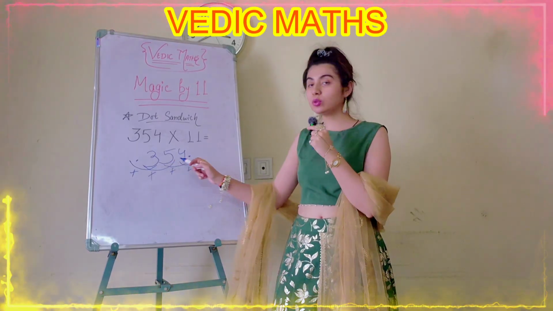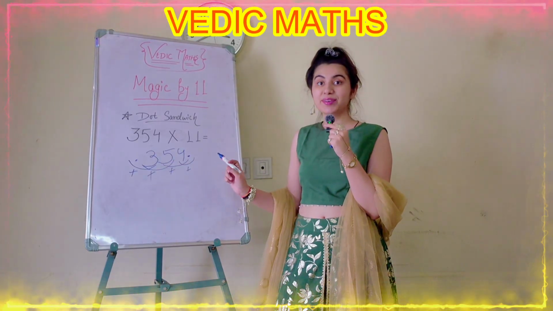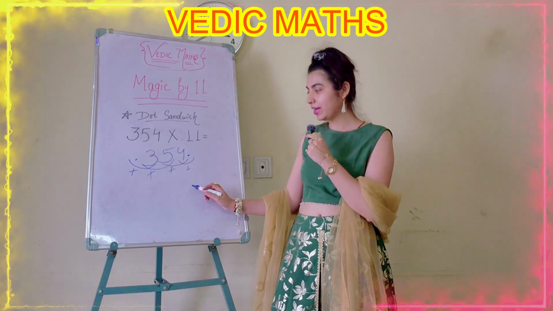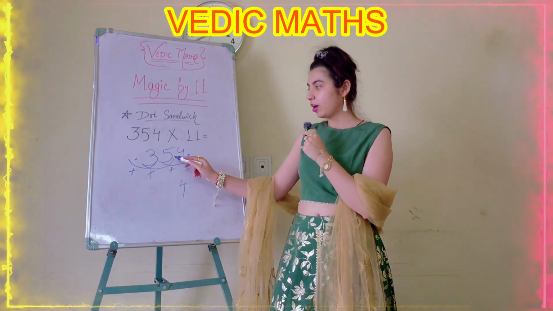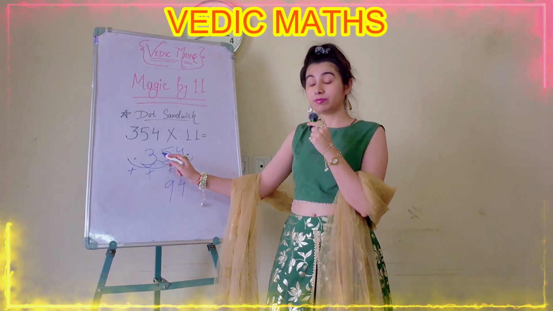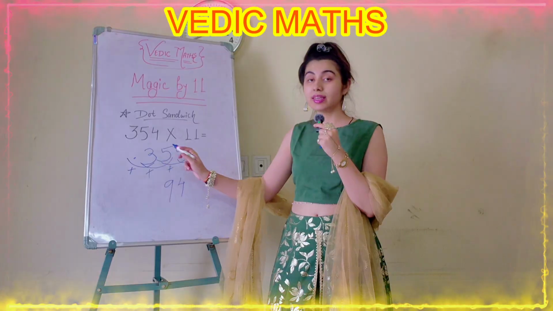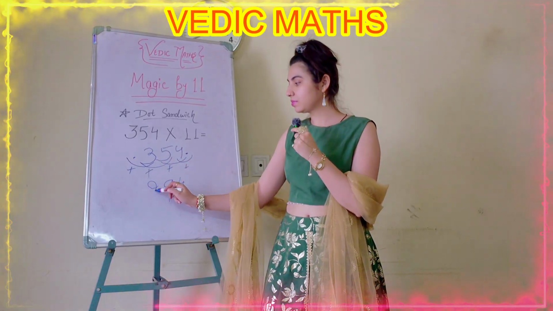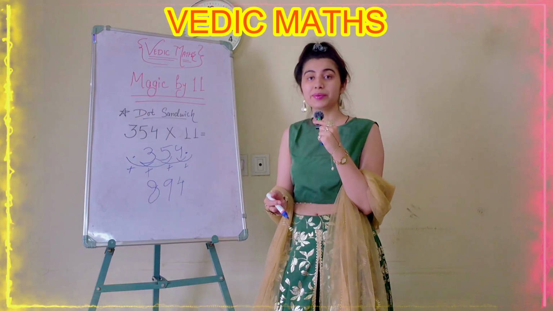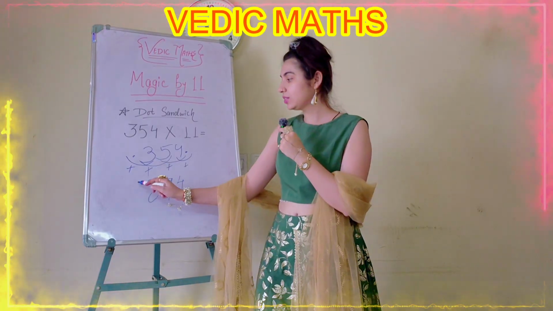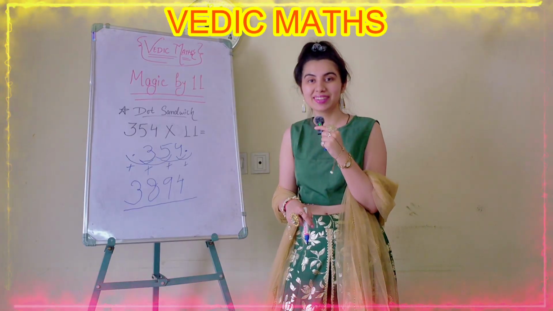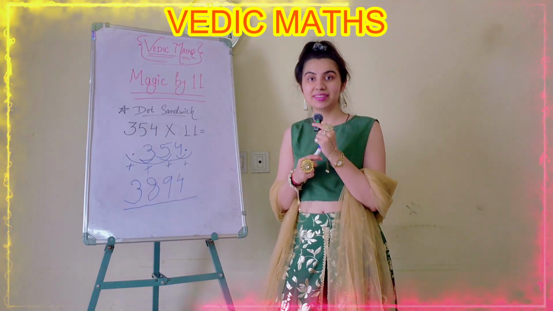Now we add: 4 plus 0, that is 4. Now 5 plus 4, 9. Now 5 plus 3 is 8. Now 3 plus dot, that is 3 plus 0, which is 3. Now that's the answer. Isn't that simple? Yes, it is.